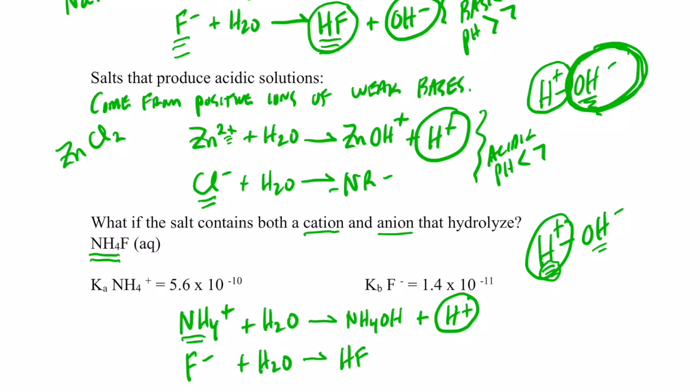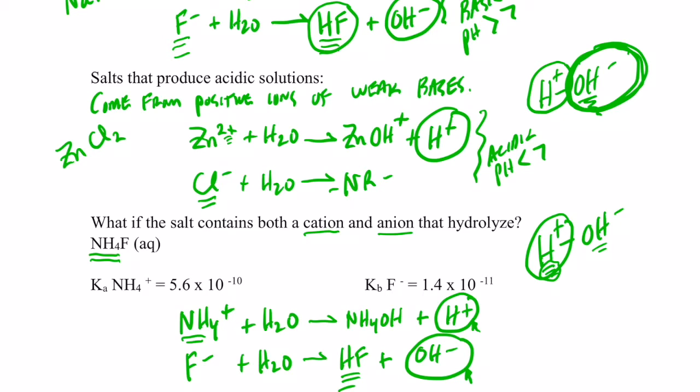Yeah, HF is not one of your strong acids. It's a weak acid. So HF molecules do exist in water. And we'll have the hydroxides all by themselves in water. So one part of this salt produces hydrogen ions. The other produces hydroxide ions. Who wins? Is it neutral?